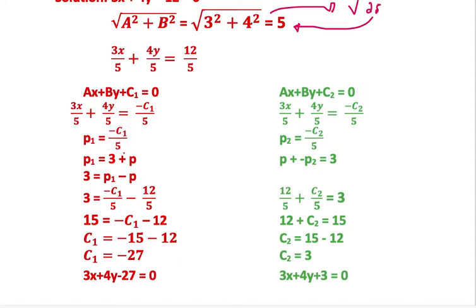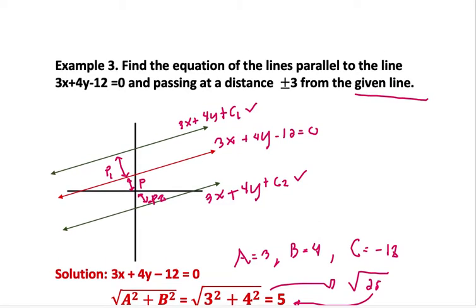Okay. Then, after this, we need to identify since P sub 1 equals 3 plus P. Why did it become 3 plus P? Let's go back to the illustration. Okay. This is 3, right? So, in other words, the distance from this line going to this line is 3. So, P sub 1 is 3 plus P.